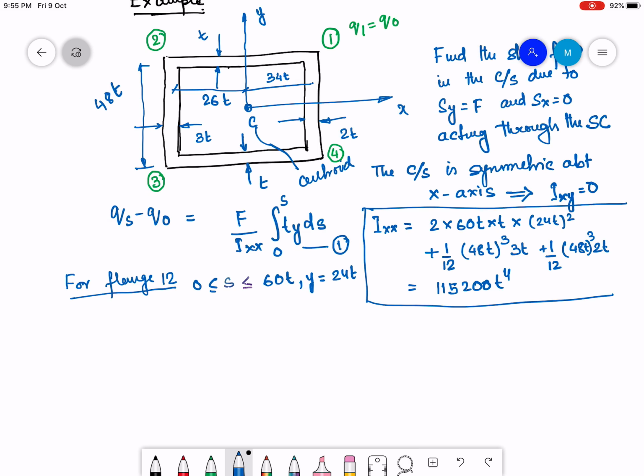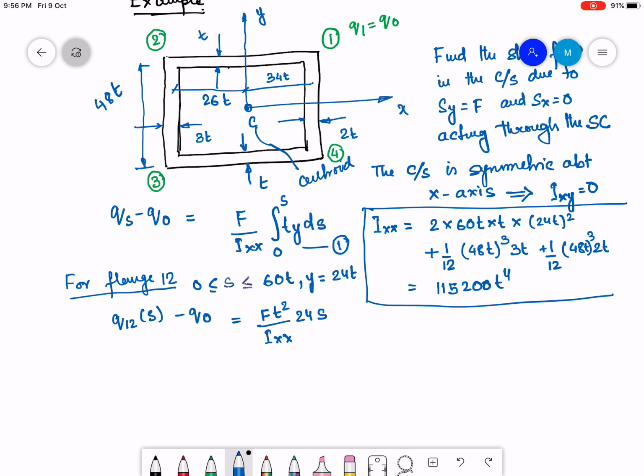So I have to plug this in equation 1. So I will get q12s minus q0 is going to be F, thickness is t of course, over Ixx into y, which is 24T, so 24T square into s.